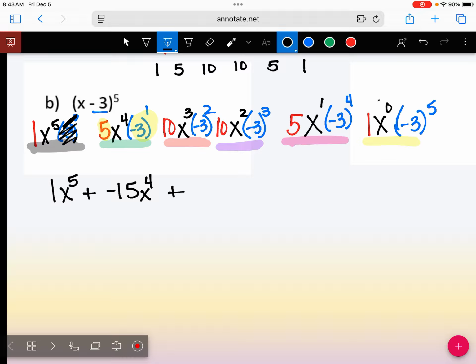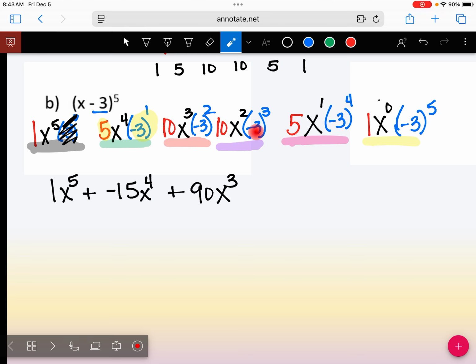Let's do this one. Multiply 10 times -3 squared. So -3 squared, 3 times 3 is 9. Do we agree that 3 times 3 is 9? And what's 10 times 9? 90. So that would be 90x cubed. All right, now I'm at the purple term.